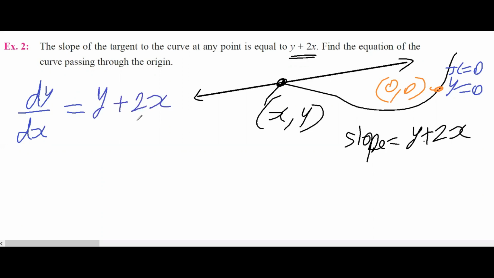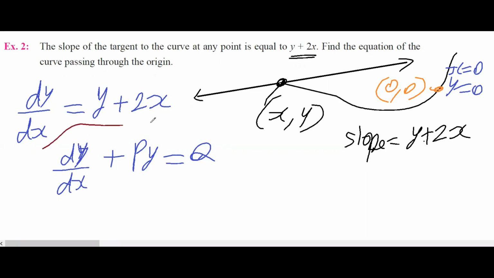Now this is a linear differential equation, right? The type is dy by dx plus Py is equal to Q. I have not brought it into this type yet. I am going to transform this equation to bring it into the linear differential equation format.